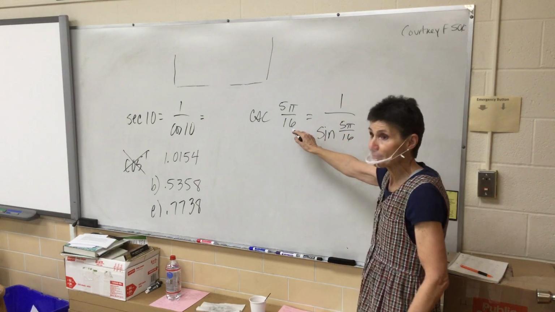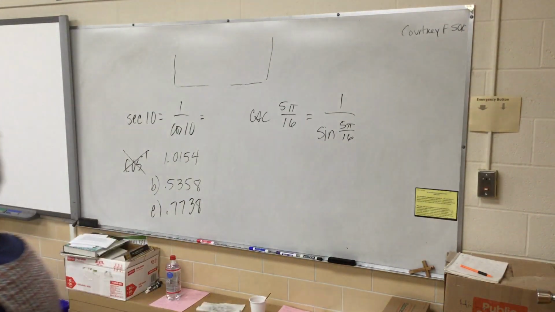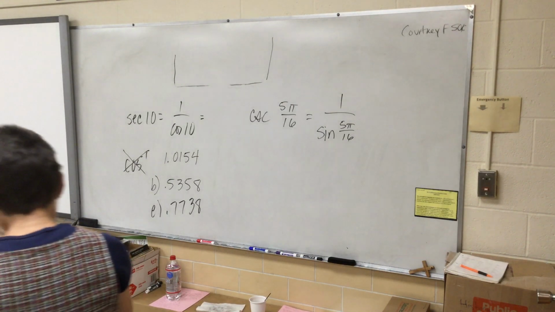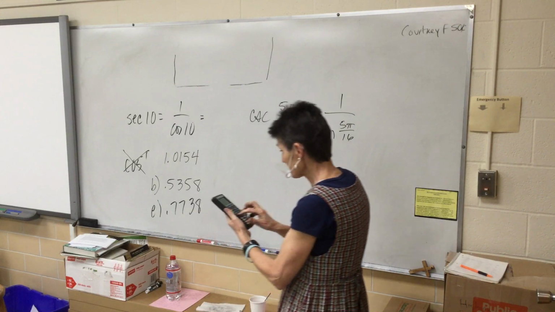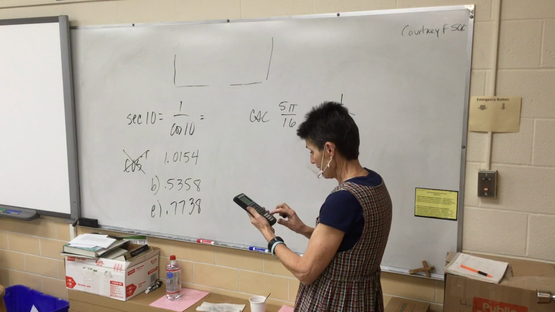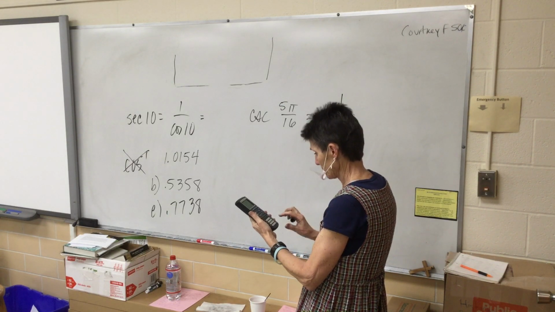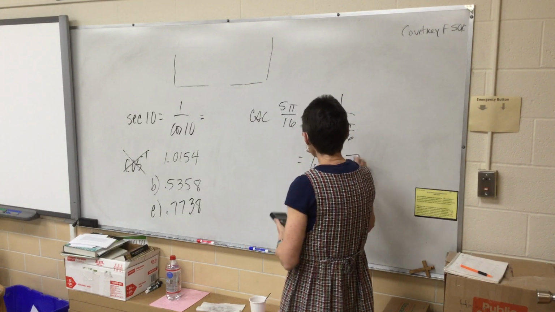I'm not flipping that fraction. That is the angle. I don't want the reciprocal of the angle. I want the reciprocal of the sine. So I simply type 1 divided by sine 5 pi divided by 16. And you should get 1.2027 for that one.